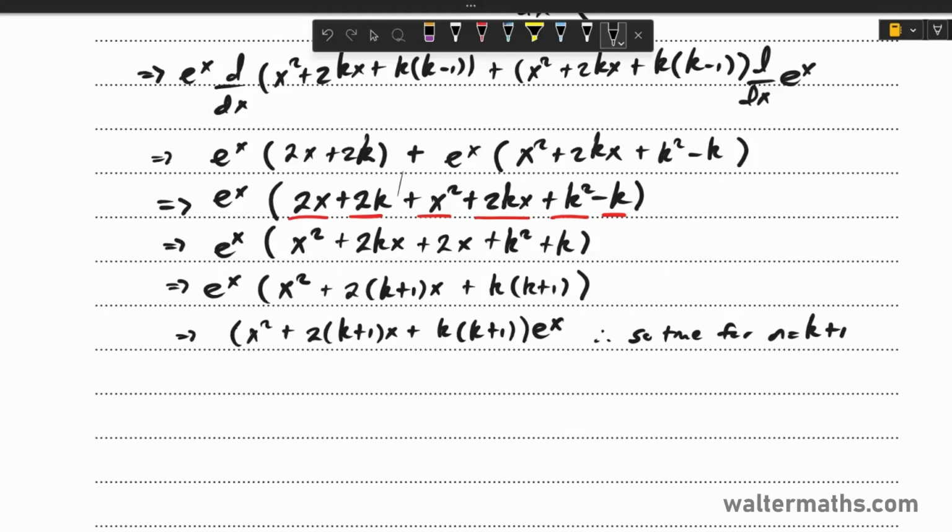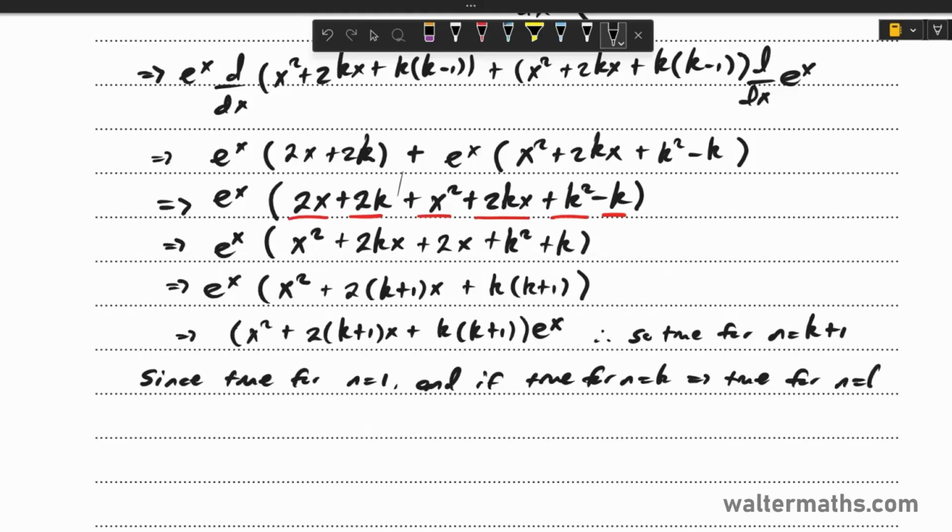All right, so for our concluding statement, I will say, since we got it to be true for n is equal to 1, and if true for n is equal to k, it's coming out to be true for n is equal to k plus 1.